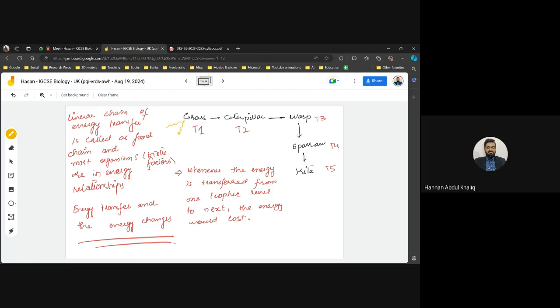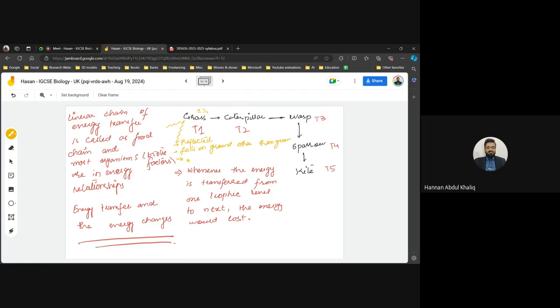only 1% of the sunlight is used by the producers. Only 1%. The rest of the energy is lost to the environment. Maybe it is reflected by the plants, maybe it falls on the ground, other than plants. Much of the light is reflected.